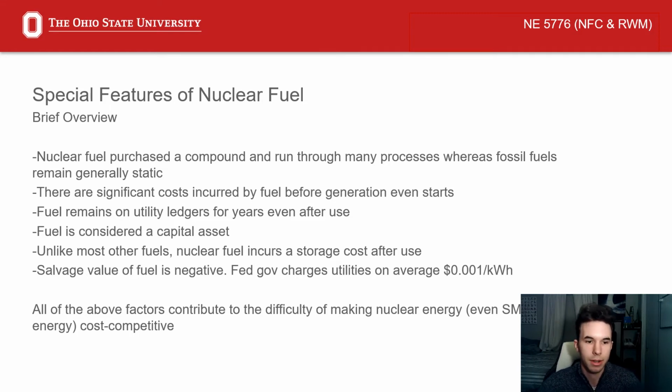There's not a lot of reprocessing or upfront cost that has to go into maintaining those fuels. There are significant costs incurred by nuclear fuel before generation even starts because of those preset processes you have to go through. Fuel remains on utility ledgers for years even after use. Fuel is considered a capital asset.